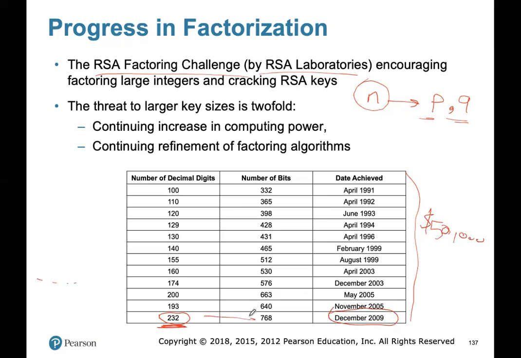When you convert it into binary, it is about 800 bits. In December 2009, researchers were able to break that and factorize that number into two prime numbers. You may say, okay, so in that case, how is RSA secure? The answer is this was done, but the price of doing that is very expensive.